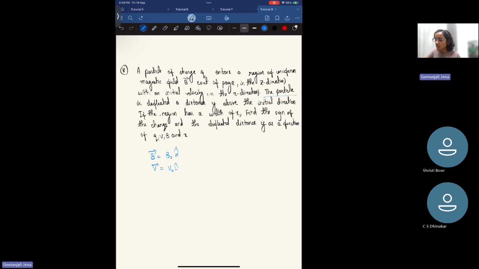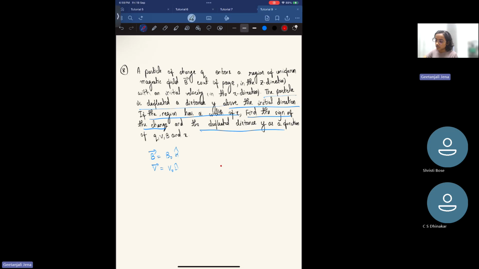The particle is deflected a distance y above the initial direction. If the region has a width x, you need to find out the sign of this charge and the deflected distance y as a function of q, v, and x.